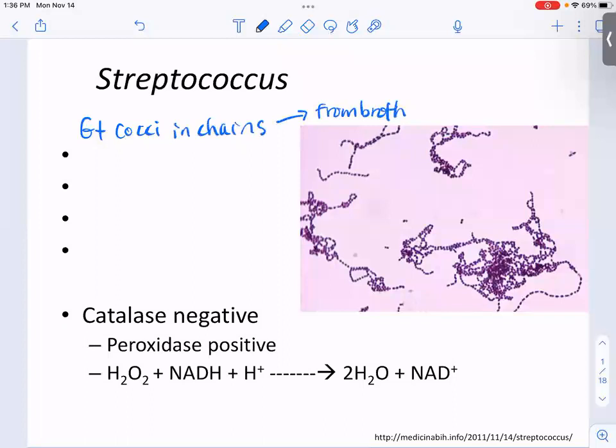And if you see these long chains, that's a big tip that you've got a strep. If you don't see chains, don't rule it out, but again, they just might not show up, might not be a culture that's been growing long enough. Okay, they are non-motile and non-spore formers.